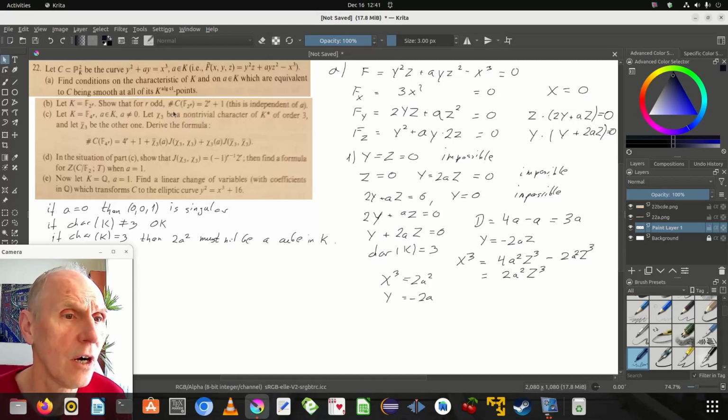And r is odd. Interesting. So let's see. 2 is, of course, equivalent to 2 modulo 3.